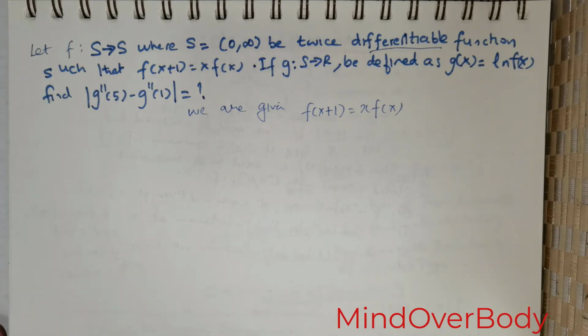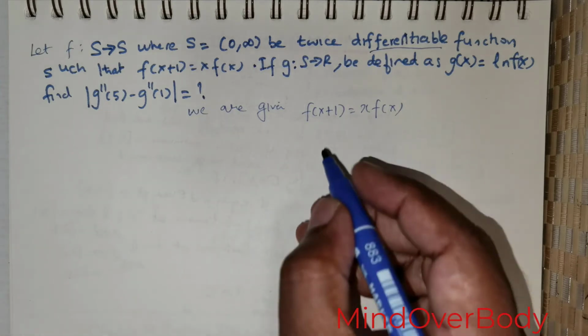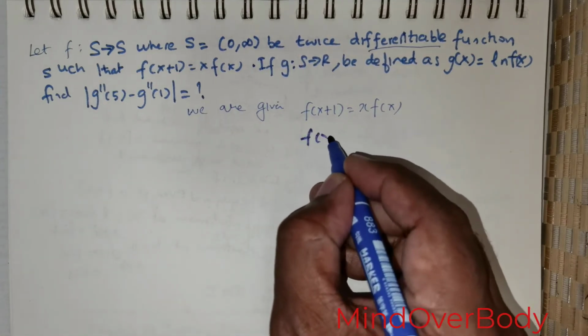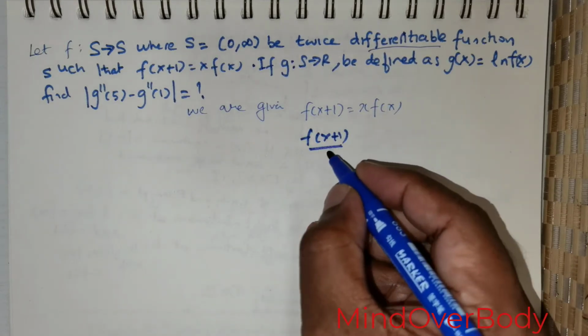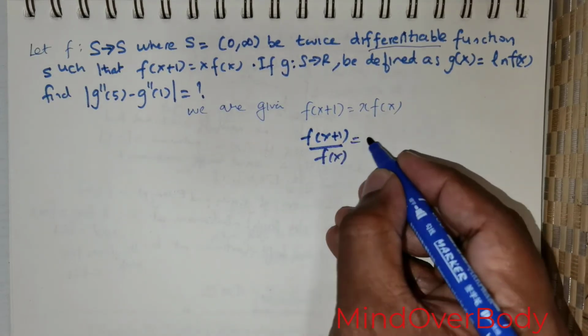Now from here I am going to be using some ways of representing quantities. So I'm going to actually have f of x positive 1 over f of x is equal to x.